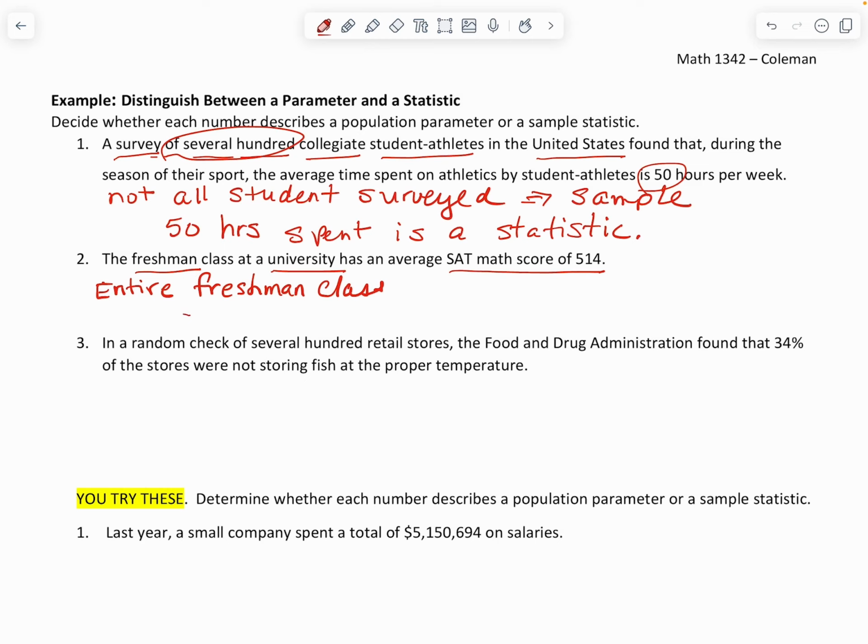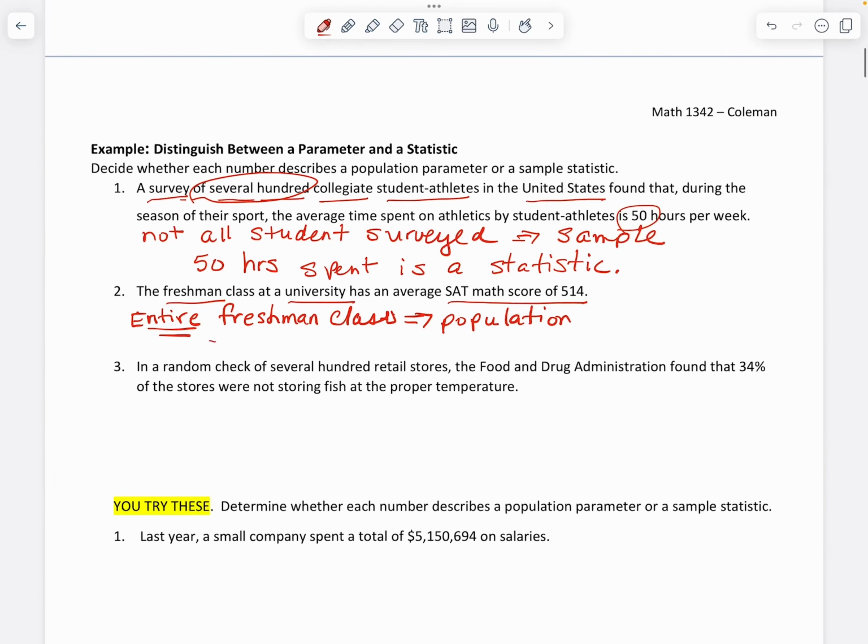Since it's the entire freshman class at that university, then this is considered the population of freshmen at that university. So that's every one of them. Okay? It doesn't say we have to survey every freshman at any university. It's just this freshman class at this particular university, making that a population. So now the 514 SAT score is considered a parameter.